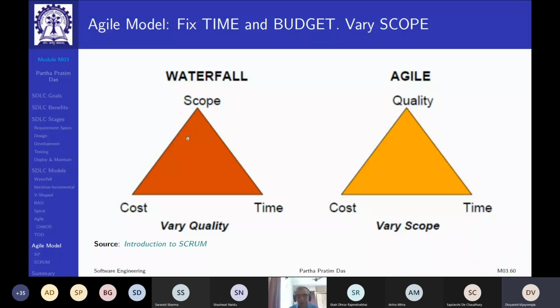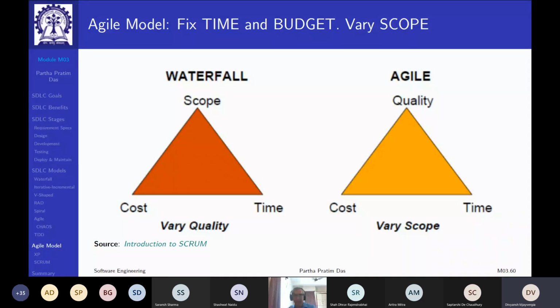The waterfall has a fixed scope, has a targeted cost, and a targeted time. So this is the triangle. If any end of the triangle is not being met, what is your free parameter? Your free parameter is quality.